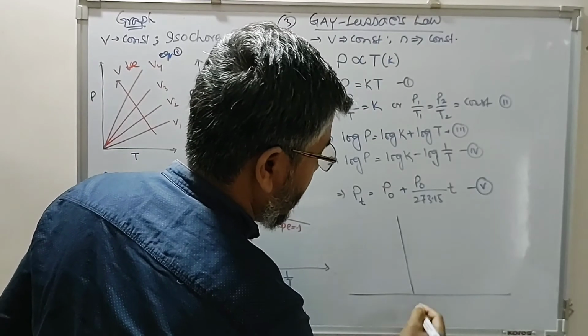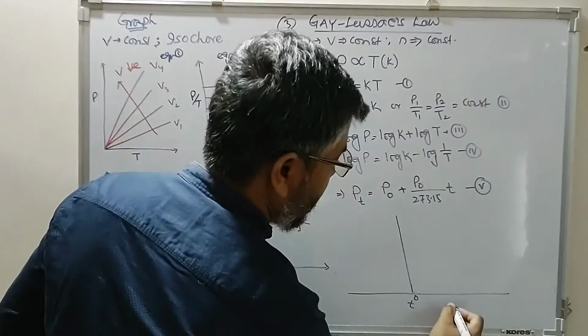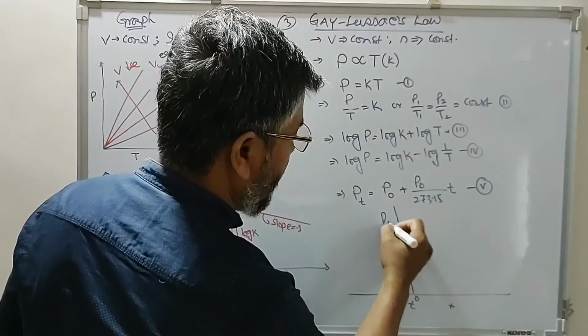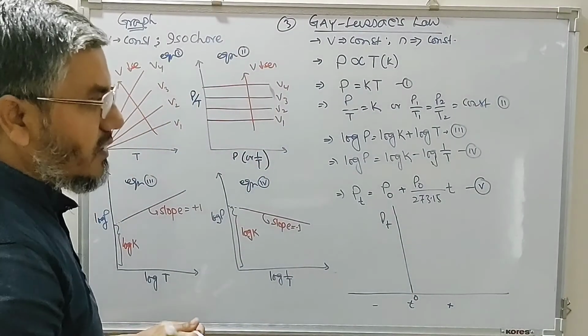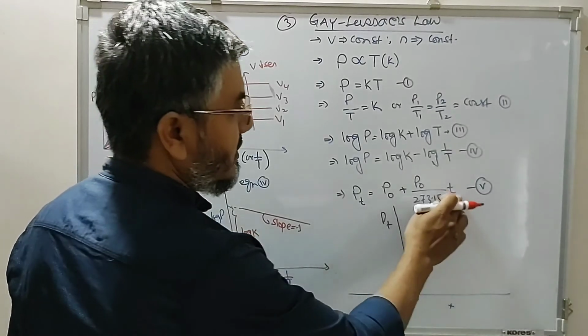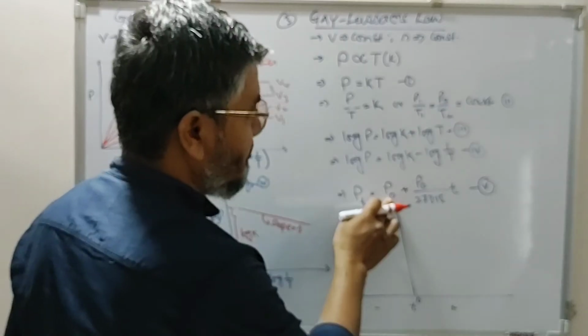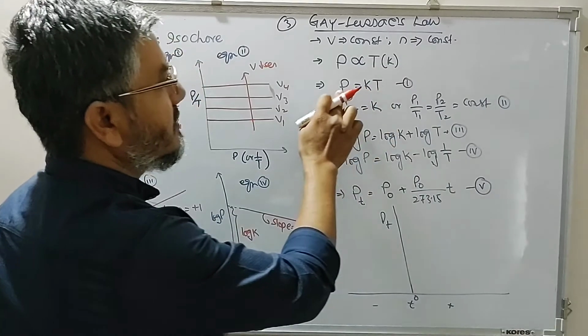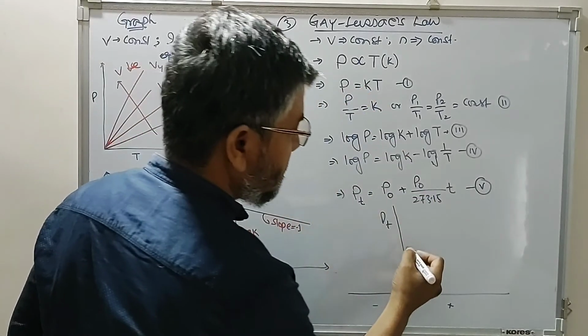This is P, T0, this is positive, this is negative. It is Pt. At 0 degree centigrade, pressure is P naught. At 0 Kelvin, pressure is 0.